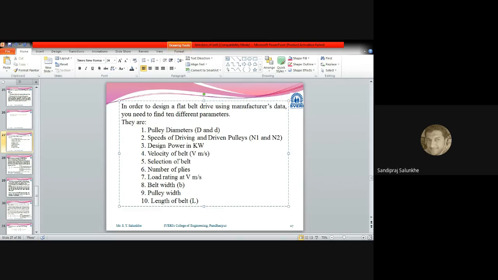Now, the typical statement of any problem which is related to the selection of flat belt or V belt is that for the application of an industrial fan, we require a belt drive which will work under the condition of maximum 45 degrees Celsius. It will vary from 25 degrees Celsius to 45 degrees Celsius, and the source of power used is 5 kilowatt.